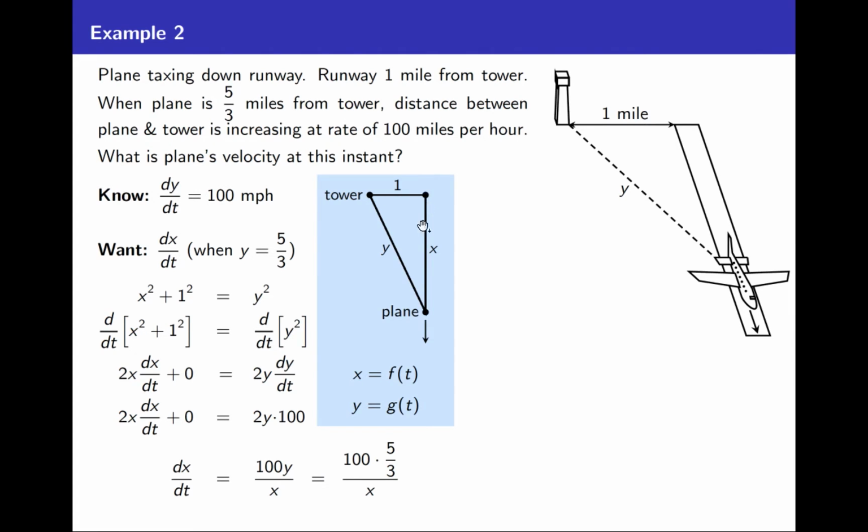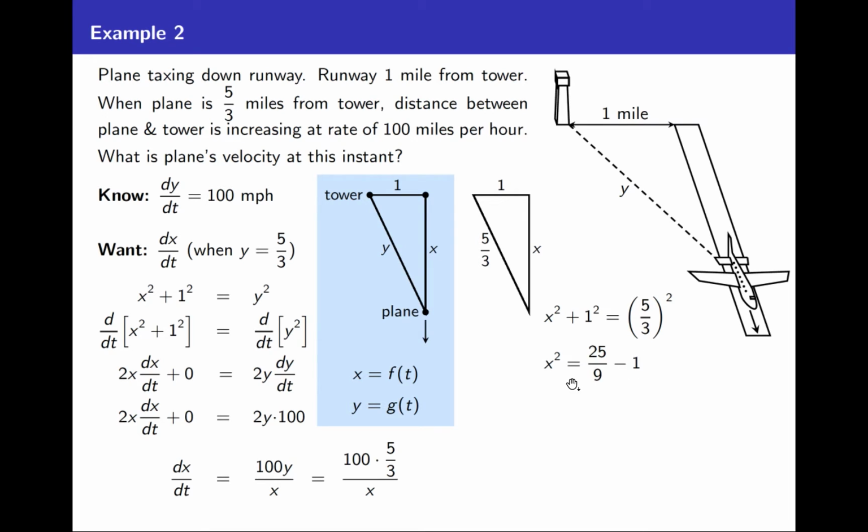When y is 5/3, we want to find x. Well, we could use the Pythagorean theorem to solve for that. Let's draw a separate little picture here, one that's stationary rather than dynamic. At the precise instant that y is 5/3, we need to find this x. That's this distance. So by the Pythagorean theorem, x squared plus 1 squared equals 5/3 squared.